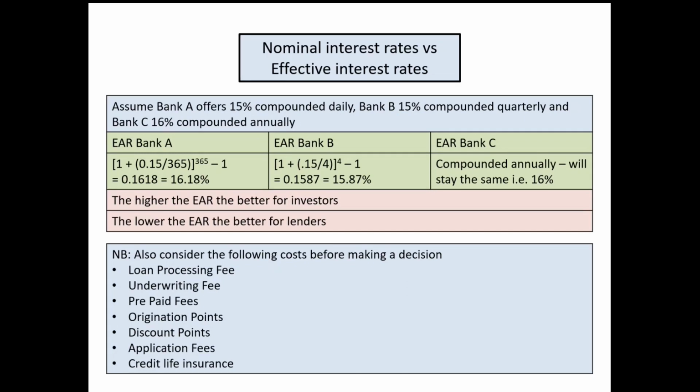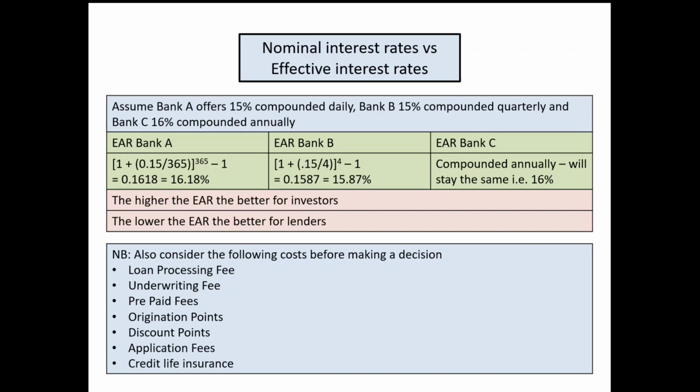Okay, so if we do that, we get a total of 0.1618. Remember, we have to subtract 1 again because we are looking at the difference. So we're dealing with a 1 point to the power to get a total, but we must remove the current thing because we only want to look at the interest, okay?